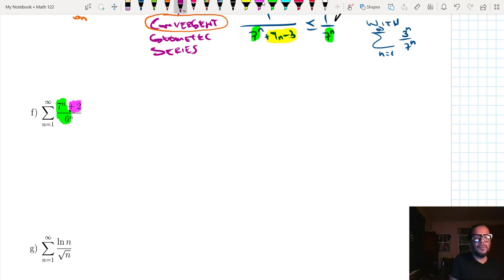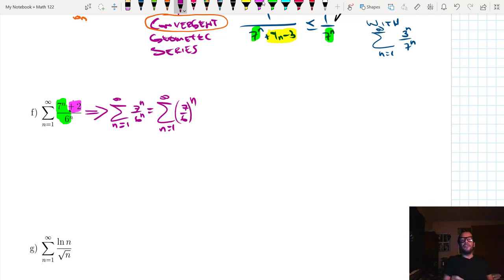So I'm going to come up with something that looks like it, where it is easy to determine whether it converges or diverges. That is sigma n equals 1 to infinity of 7 to the n over 6 to the n, which is equal to sigma n equals 1 to infinity of 7 over 6, the whole thing to the n power.